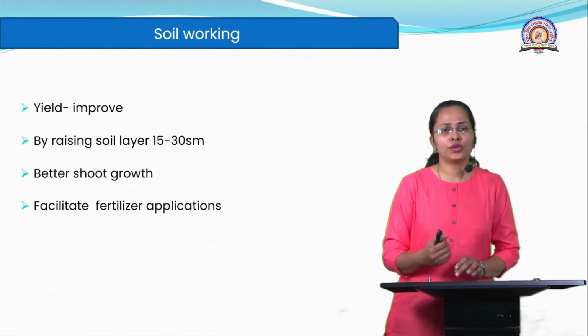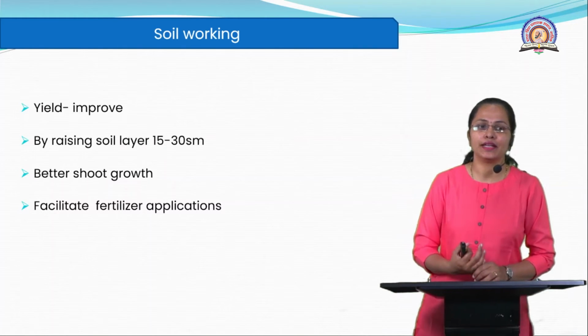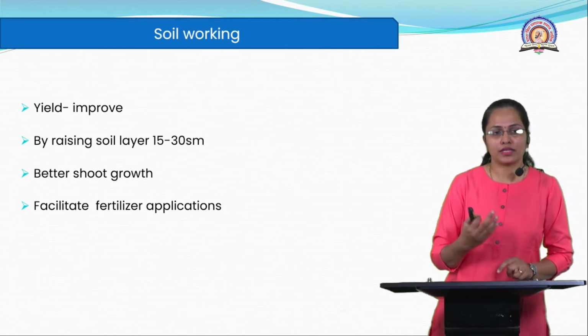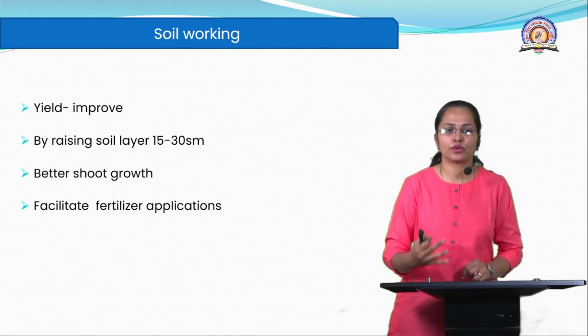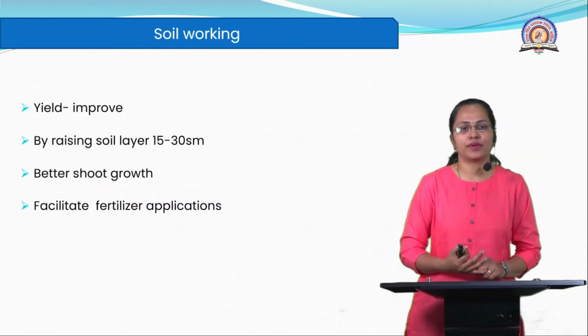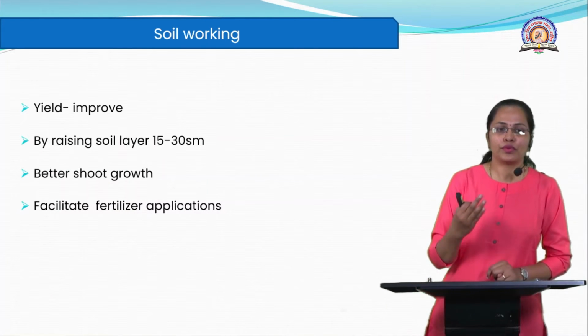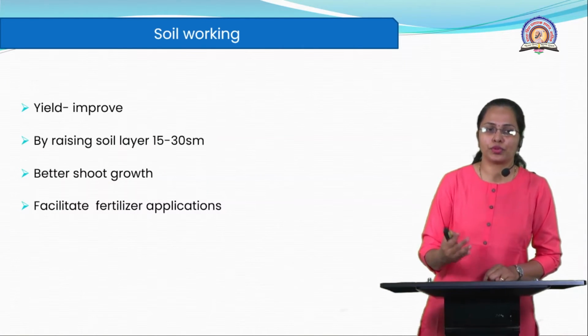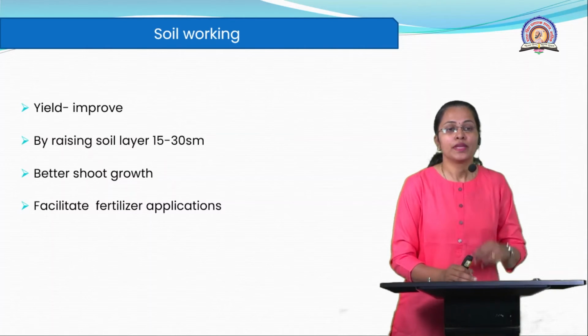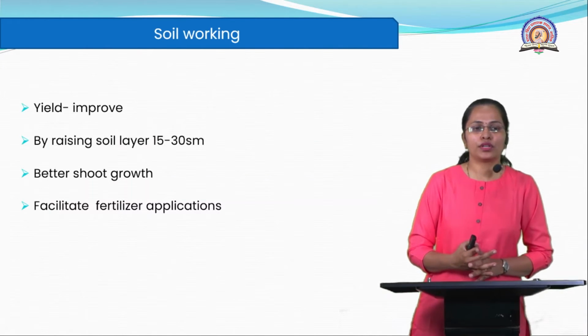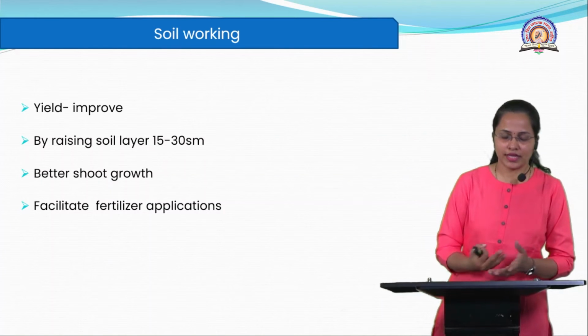In order to increase the yield of bamboo, as we have discussed, we have to raise the soil layer by 15 to 30 centimeters, and we are going to get better shoot growth after raising the soil. This raising of soil is important to apply the fertilizers also.